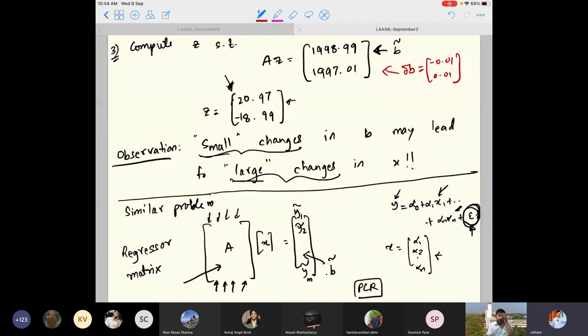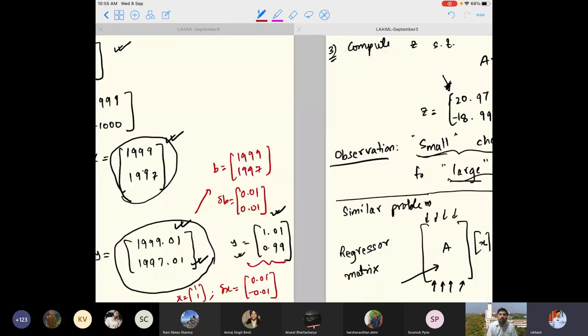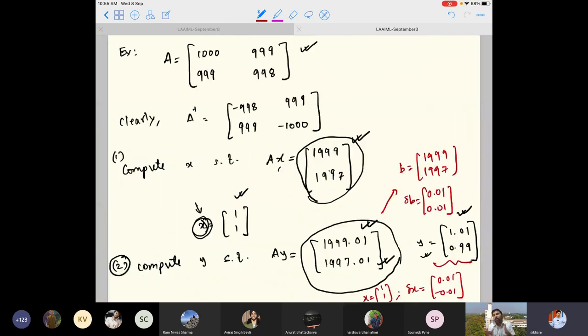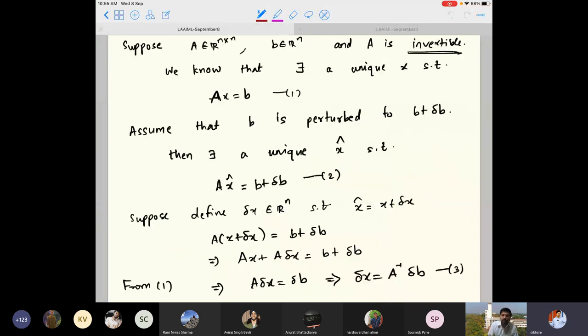But that same magnitude perturbation creates havoc in this, right? So the direction of the perturbation delta B has to do with something. Can you see from this and tell me what the direction of delta B is really doing? From equation 3, can you relate what might be happening?